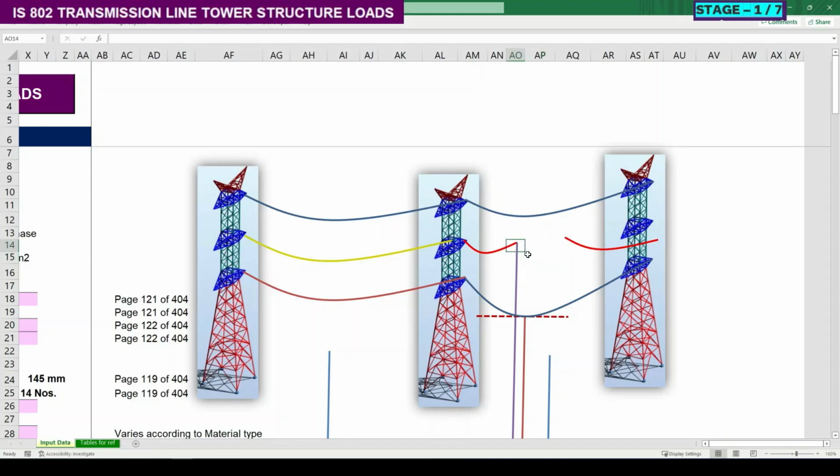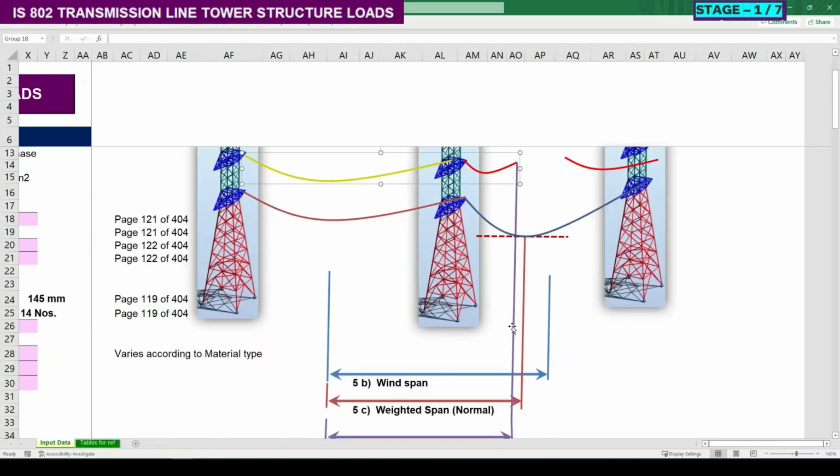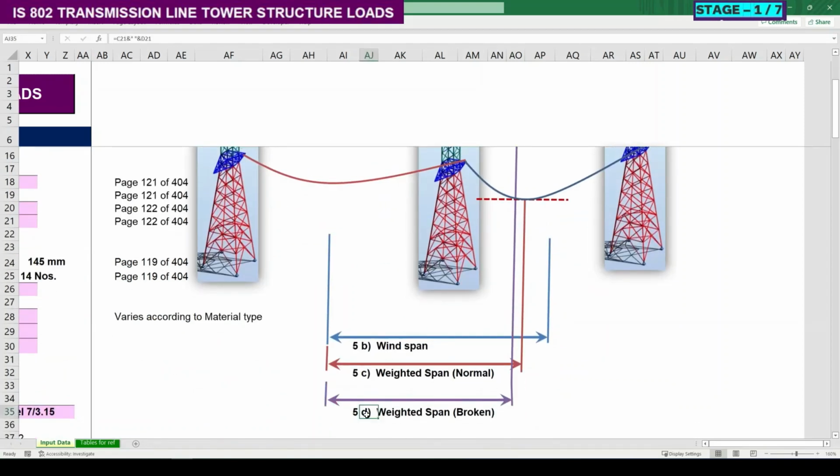In that case, the conductor will shrink in its span. For example, if it is broken at this area, definitely this conductor will shrink to a certain level. So that is the point we need to consider while doing the load calculation for the broken wire condition.